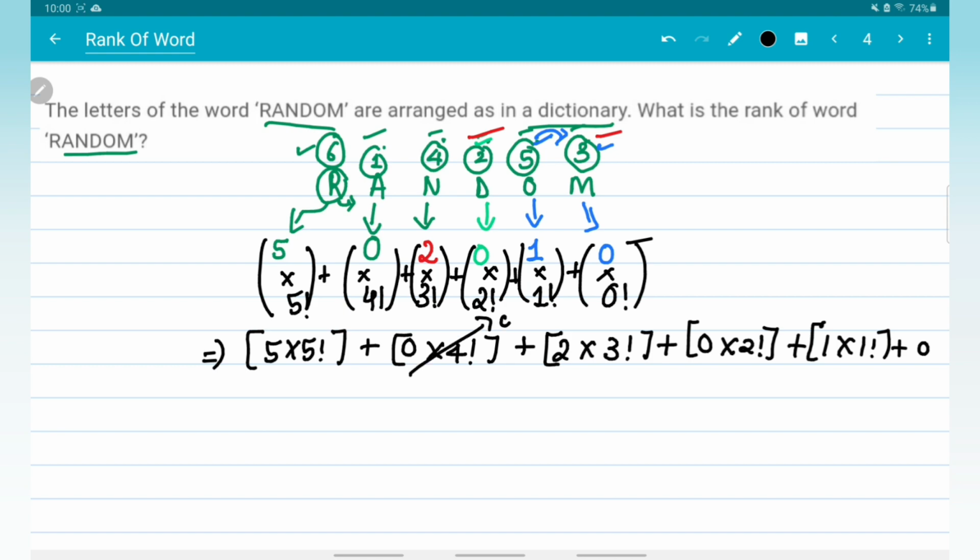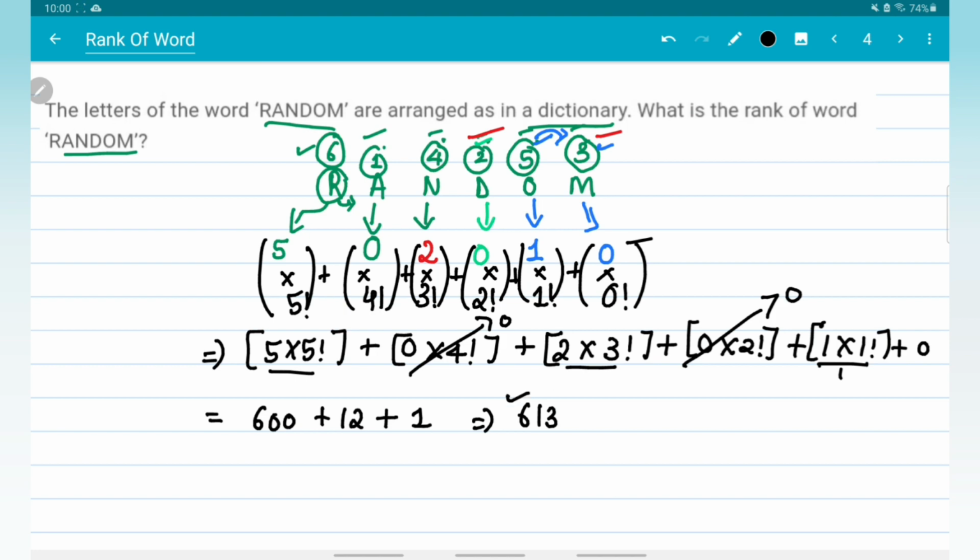Now here this thing becomes 0 and this thing also becomes 0. So what we are left with is 5 into 5 factorial, then 2 into 3 factorial, and this becomes 1. So what we get is 600 plus 12 plus this last one. So this comes out to be 613.